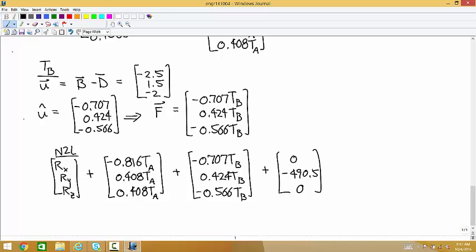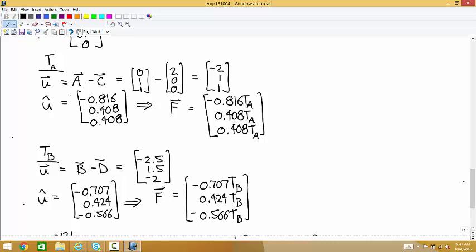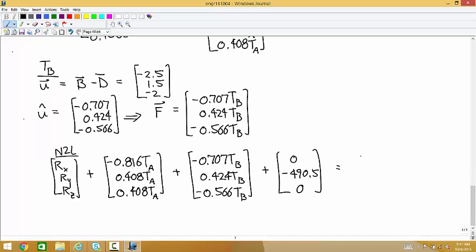So that's adding up all the forces. We just went right down this column, added them all up, and then set it equal to 0 because it's in static equilibrium. This over here would be the MA if you were doing dynamics.